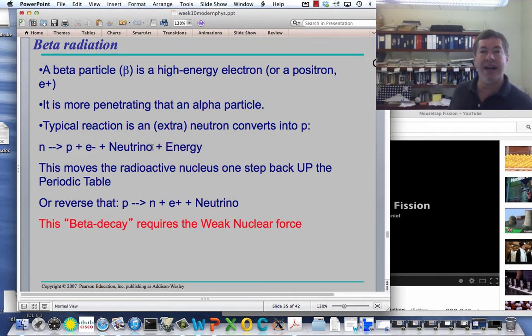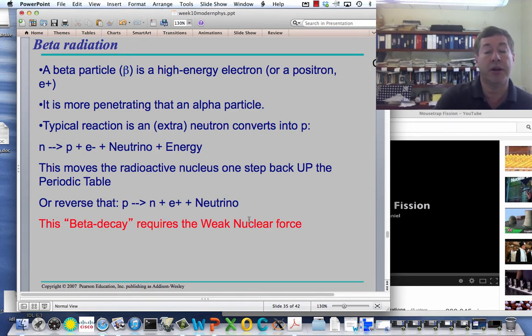It took decades actually to experimentally confirm that neutrinos do exist, and they are produced in this so-called beta decay process. In fact, neutrinos tend to get produced by any process in which protons and neutrons go back and forth between each other, because this can only happen due to the weak nuclear force.